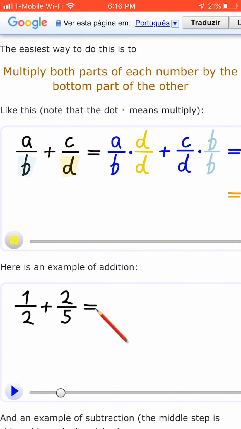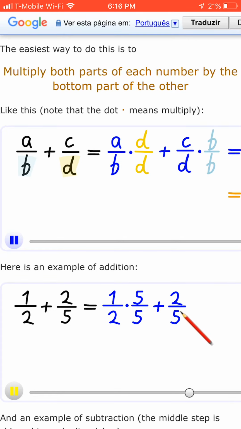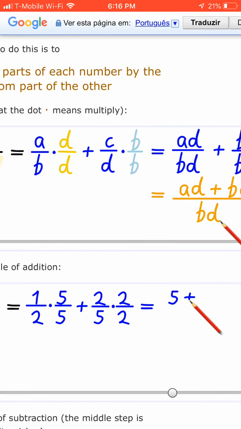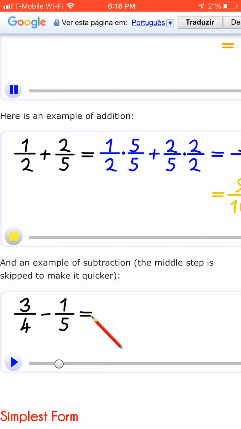Here's an example of addition, and an example of subtraction. The middle step is skipped to make it quicker.